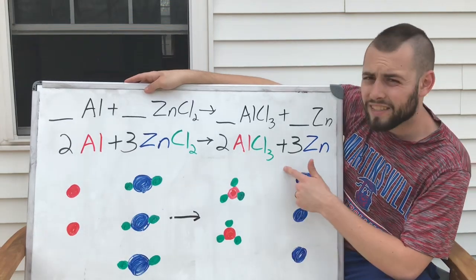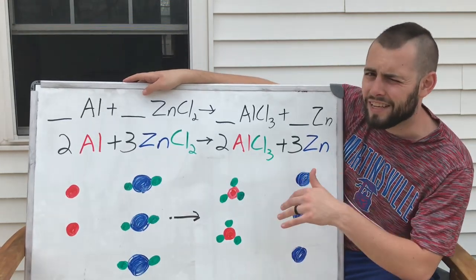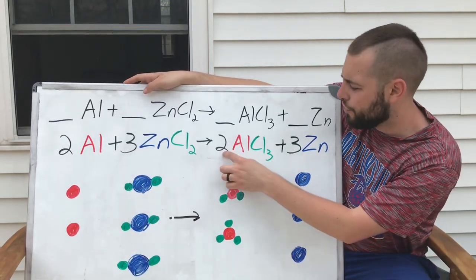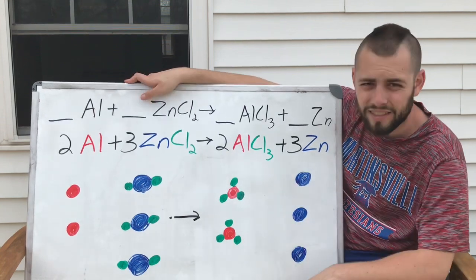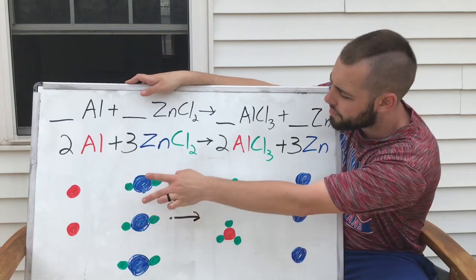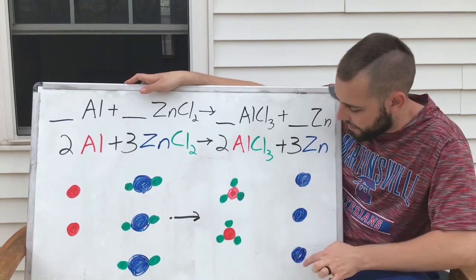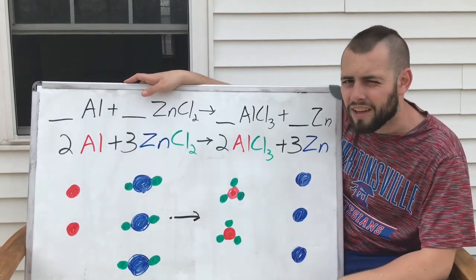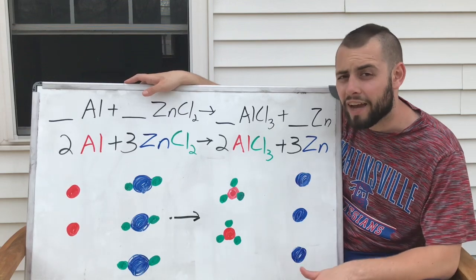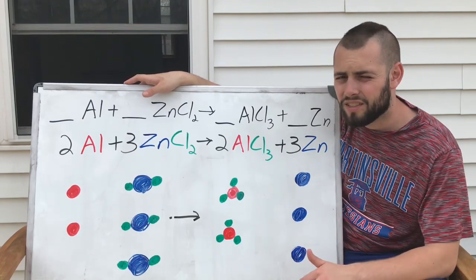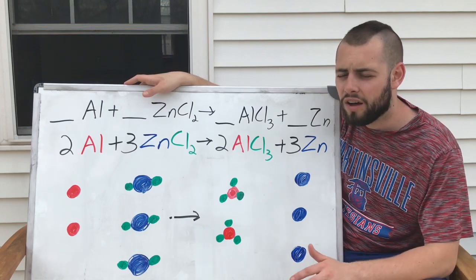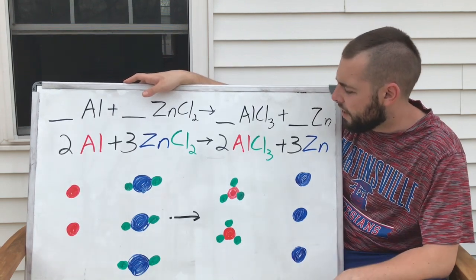And then on the product side, I've still got 6 chlorines. 2 times 3 is 6, and I can count that I've got 6. 2 aluminums on each side, 3 zincs on each side. This is how we want our reactions to look. We want them to be balanced so that they can follow the law of conservation of mass.